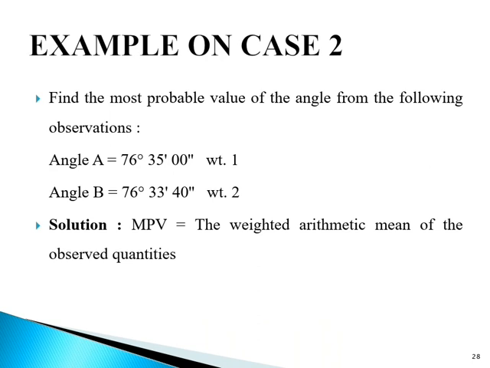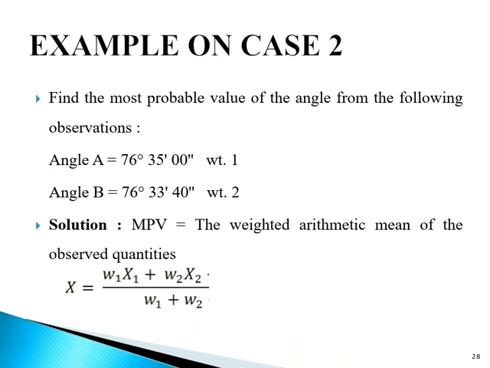So let's see an example based on case 2. Here the data is given. Find the most probable value of the angle from the following observations. Angle A is 76 degrees 35 minutes 0 seconds, weight 1, and angle B is 76 degrees 33 minutes 40 seconds, weight 2. Let's see the solution. The most probable value is equal to the weighted arithmetic mean of the observed quantities.